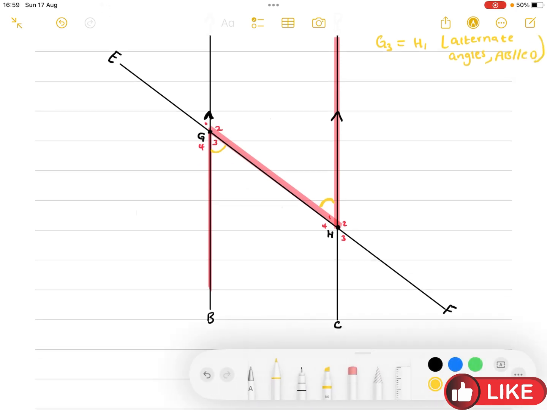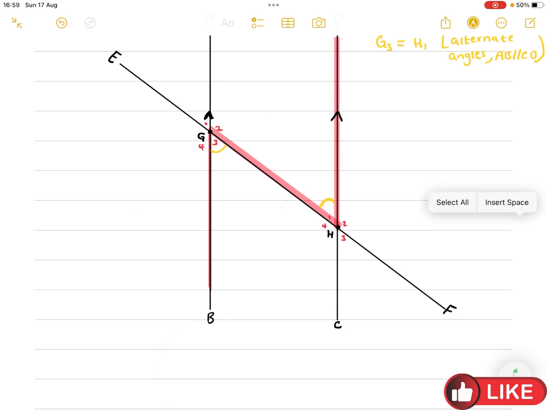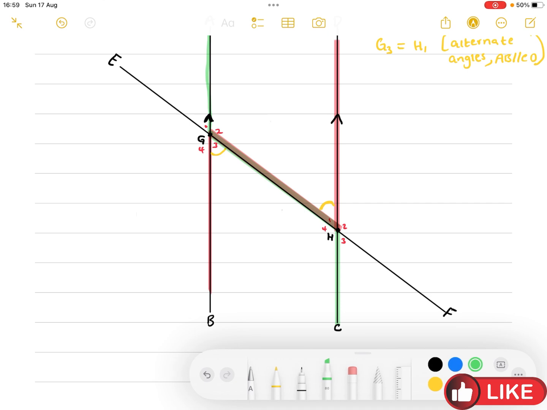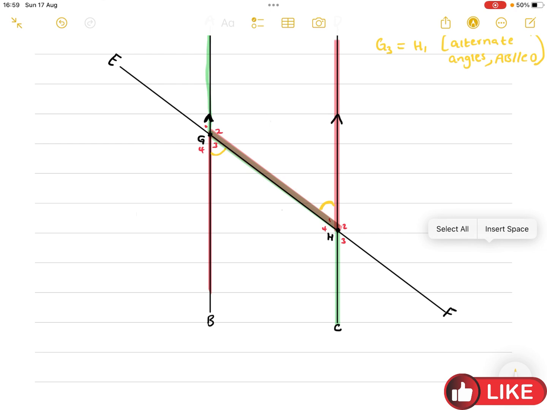Again, let's look at other angles that are alternating. This is our N, and we can have these angles. My N is a bit stretched, but that does not defeat the purpose of the proof.